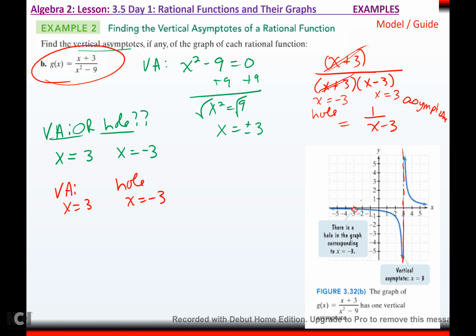But I promise you, even though you can't see it with the naked eye, if you went to the table of values at -3 in the x column and the y column, you're going to get an error. The function can't exist there. It has to jump over it. It can't touch it. But if that factor actually cancels out, it's going to make a hole instead of an asymptote, whereas this one didn't cancel, so it made a full-blown asymptote.